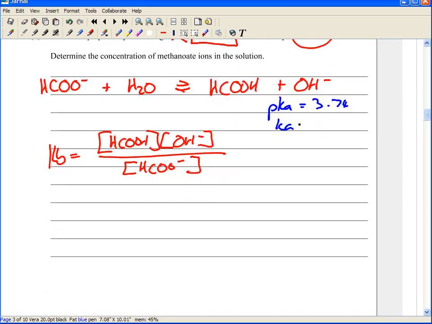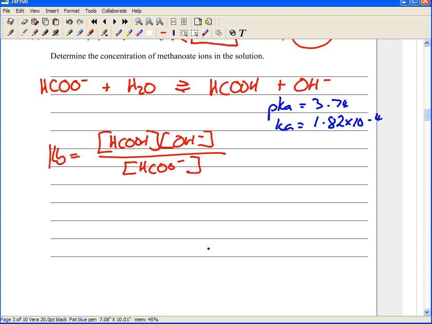And therefore the Ka must equal, get my calculator out, the 10 to the x button, which is the inverse log button, of minus 3.74 equals 1.82 round off times 10 to the negative 4. Cool. So that's the Ka of this thing here.